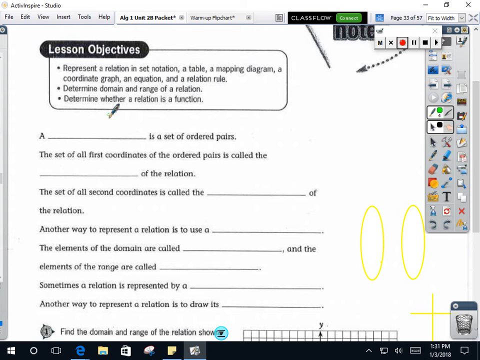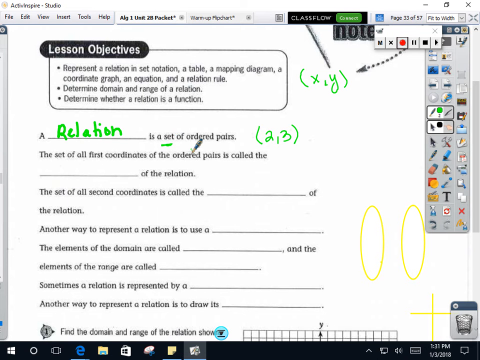A relation is a set of ordered pairs. Everybody should know what an ordered pair is. An ordered pair is just x, comma, y in parentheses. But if I just wrote one ordered pair like (2, 3), that is not a relation because that's not a set.